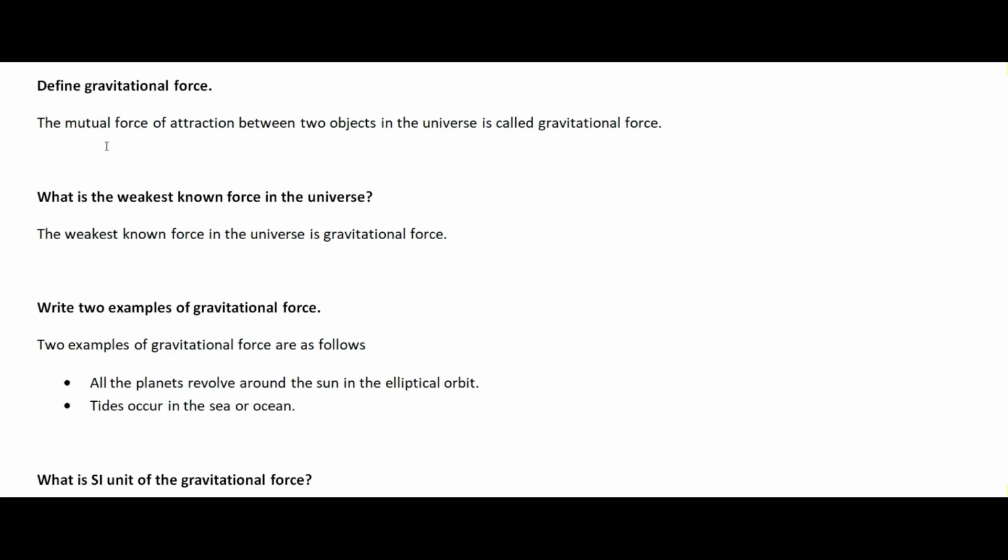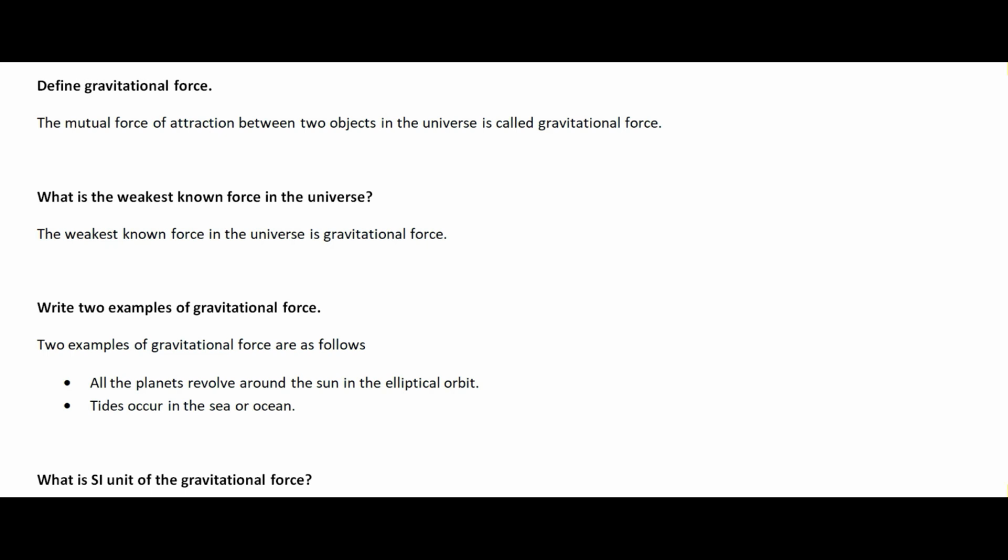The gravitational force of attraction cannot be noticed in the case of normal objects, but it can be noticed in the case of huge objects like planets, satellites, and other heavenly bodies.